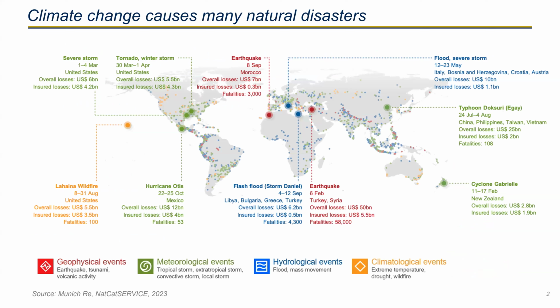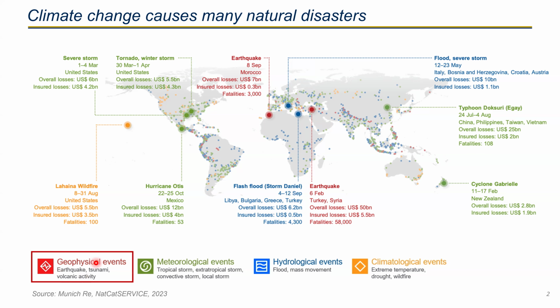So here is the background of the research. Nowadays, climate change causes many natural disasters, and this figure shows the natural disasters that happened in 2023, which caused overall losses of $250 billion US. And all these disasters can be categorized by source.